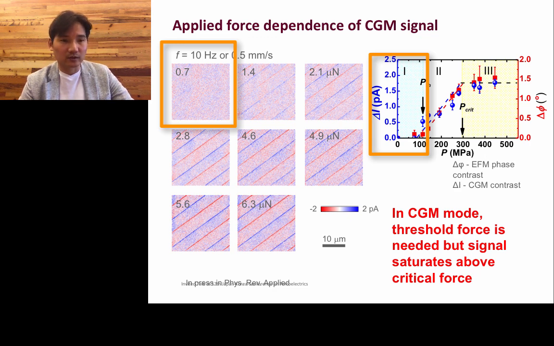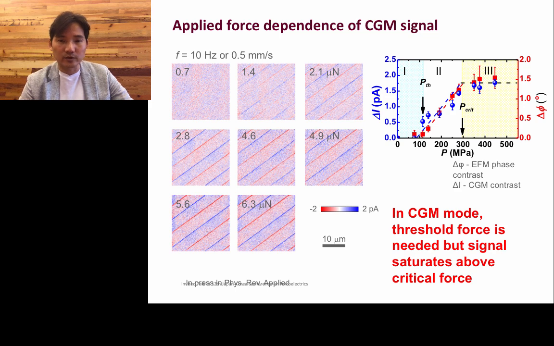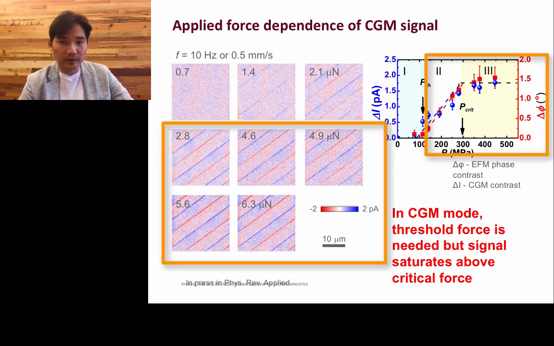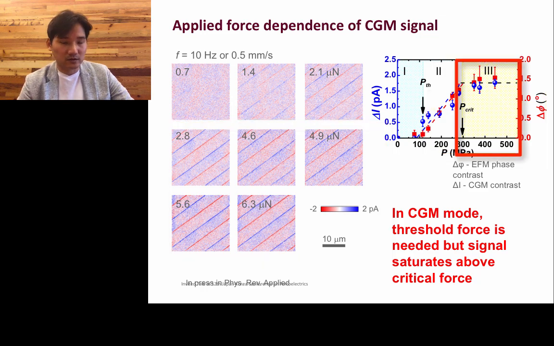But as you gradually increase the force above 100 megapascal in pressure, you start to see desorbing of these ions that were absorbed on top of the surface, and it increases linearly up to the point when you start to wear and tear the surface. And that's regime 3 in this slide. So you will see this is how the scraping occurs.